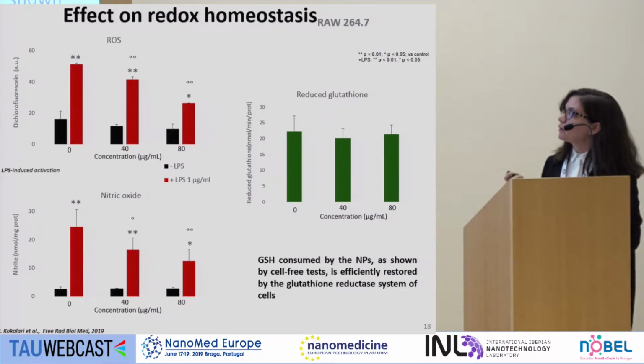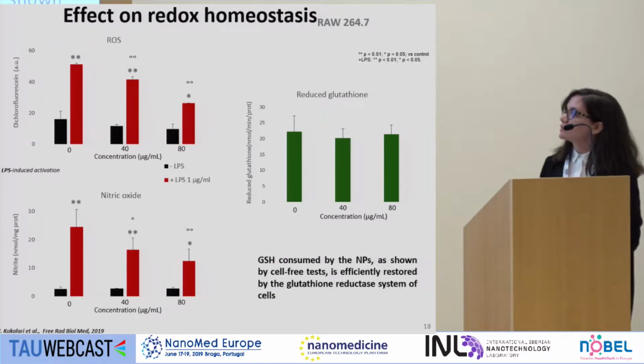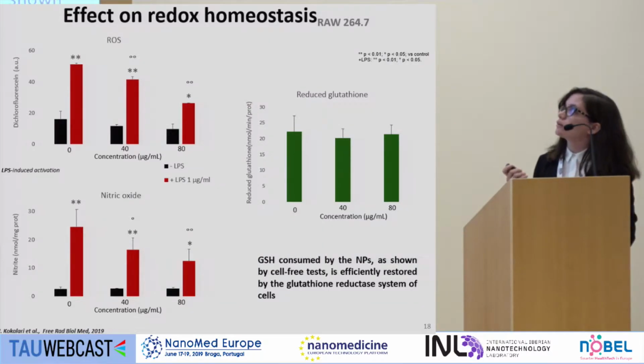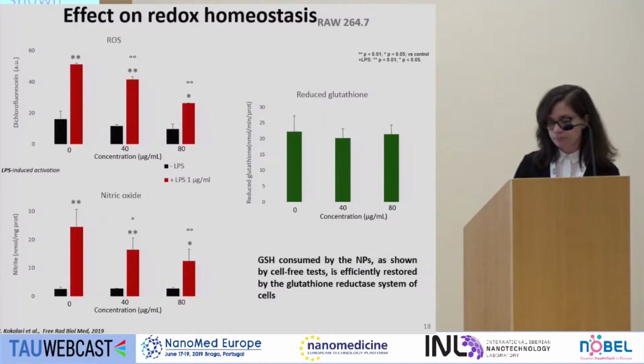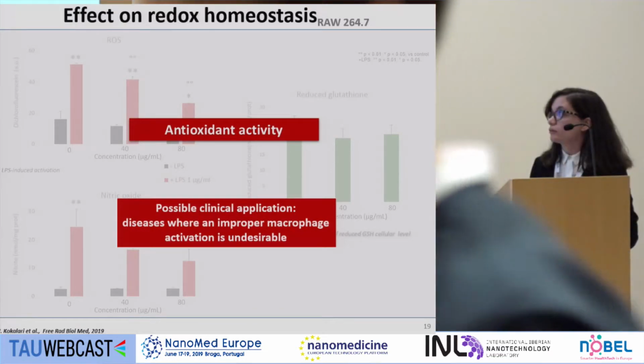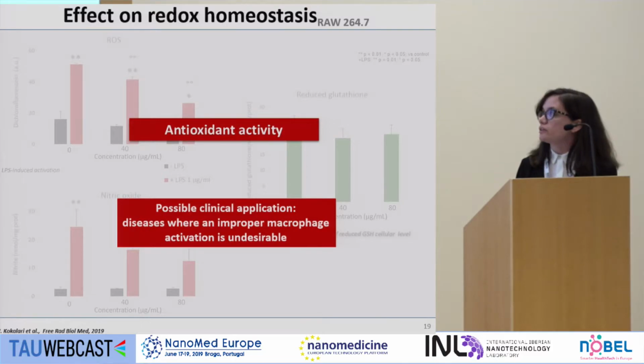This result is in contrast with our previous cell-free tests, but we can explain it by the fact that the glutathione reductase system is efficient in restoring the reduced glutathione, which was oxidized by the carbon nanoparticles. So all these findings suggest an antioxidant activity of our nanoparticles and a possible clinical application of these nanoparticles in those diseases where improper macrophage activation is not needed.